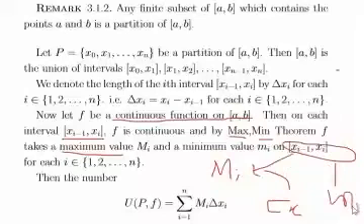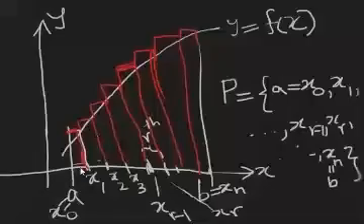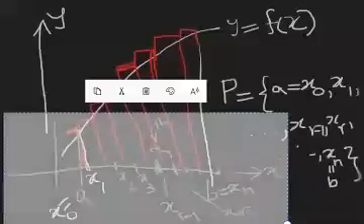This is the maximum value of f over this interval, and m sub i denotes the minimum. Let's go to this picture here, right? Wait a second.